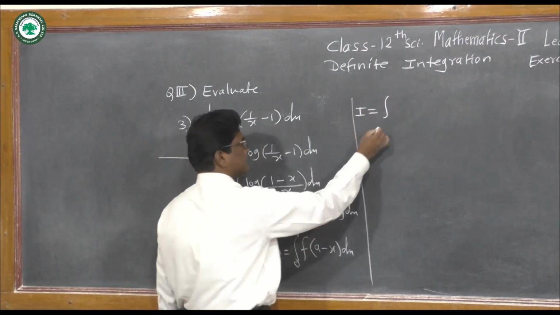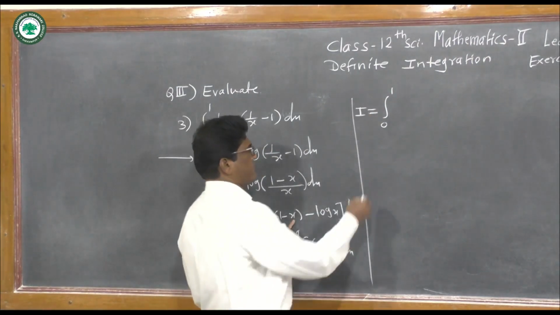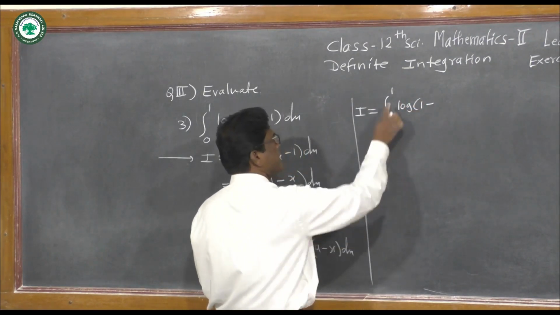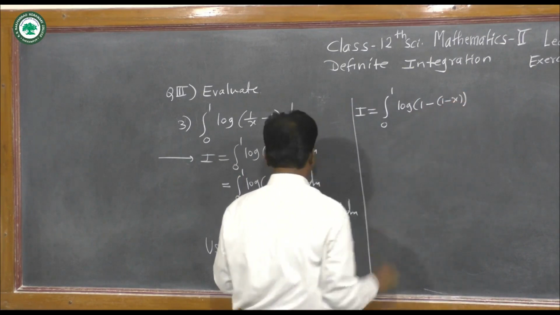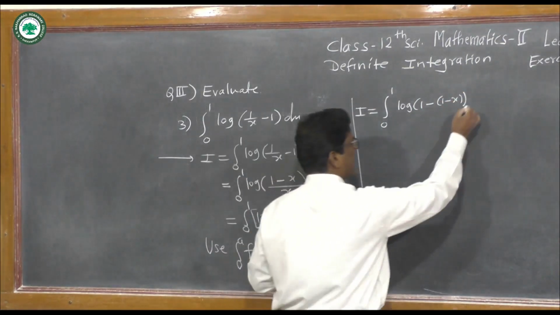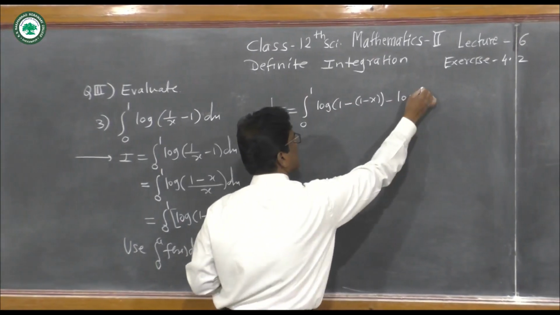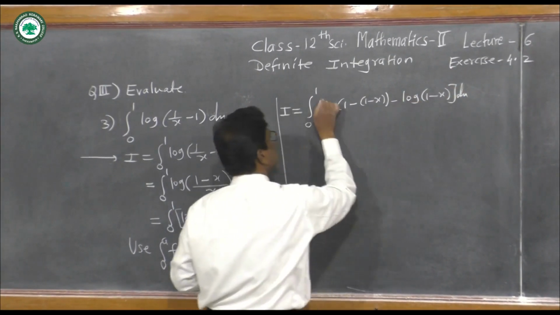And therefore this required integral becomes I is equal to integration 0 to 1 log of 1 minus x. So log of 1 minus x we replace by 1 minus x, it is 1 minus x minus log of x. So minus log of x is replaced by 1 minus x and dx.